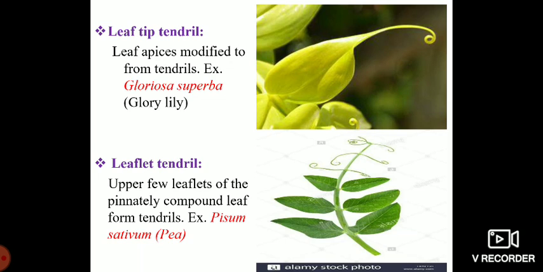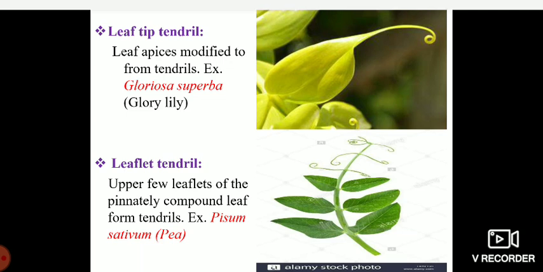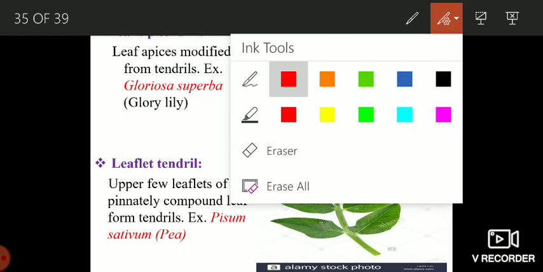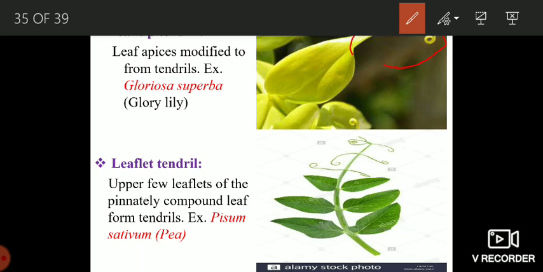In this type, the leaf apex gets modified and forms a tendril. Example is Gloriosa superba, which is commonly known as glory lily. Here you can see the tip of this leaf has modified and resulted in the formation of a tendril.